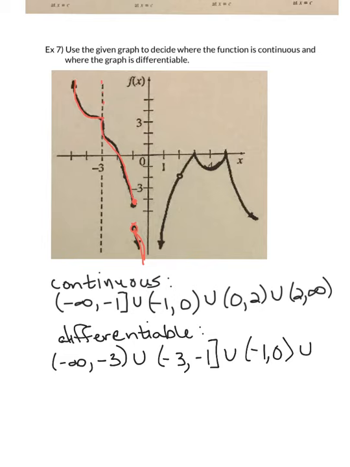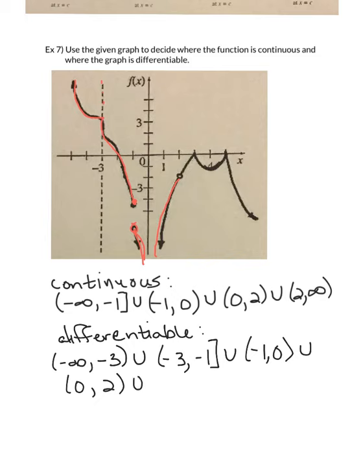Then we pick up on the other side of 0, and we do have a derivative until we hit a discontinuity. So we are good from 0 until we get to the x value of 2, where we have a discontinuity. So there would not be a derivative at 2.